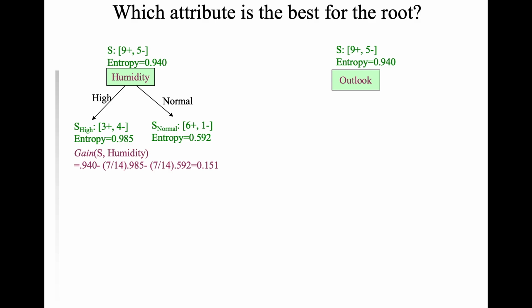Now, so far we calculated the entropy for humidity. We can also calculate the information gain, which we show with Gain(S, A), with respect to attribute A, which is humidity here, using the formula again. So how did we calculate Gain(S, humidity)?